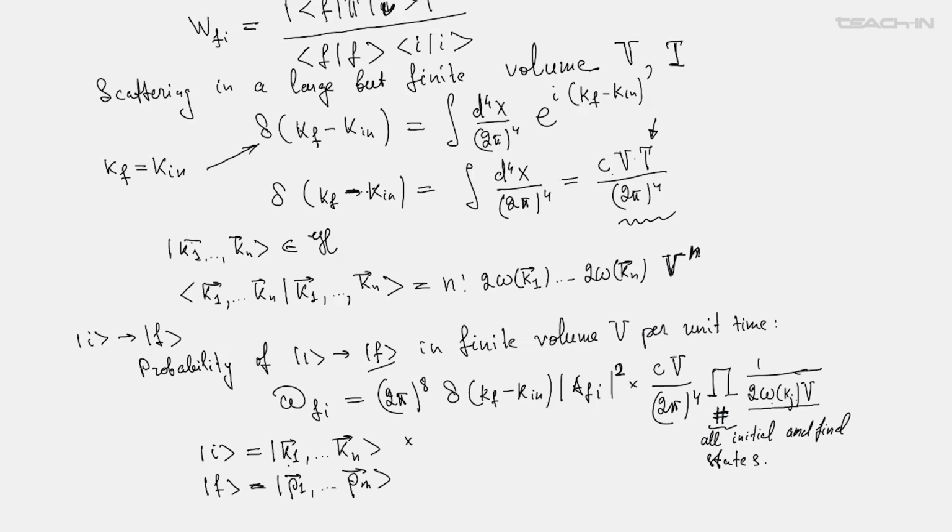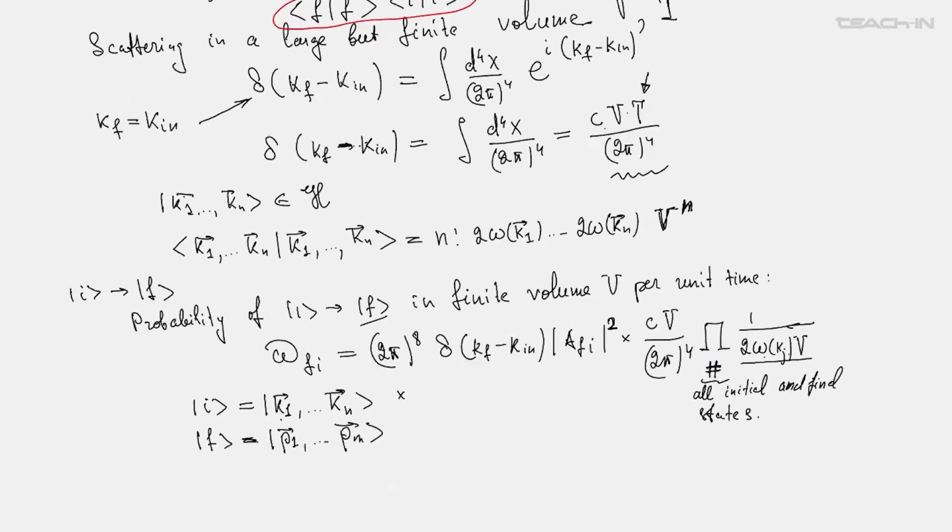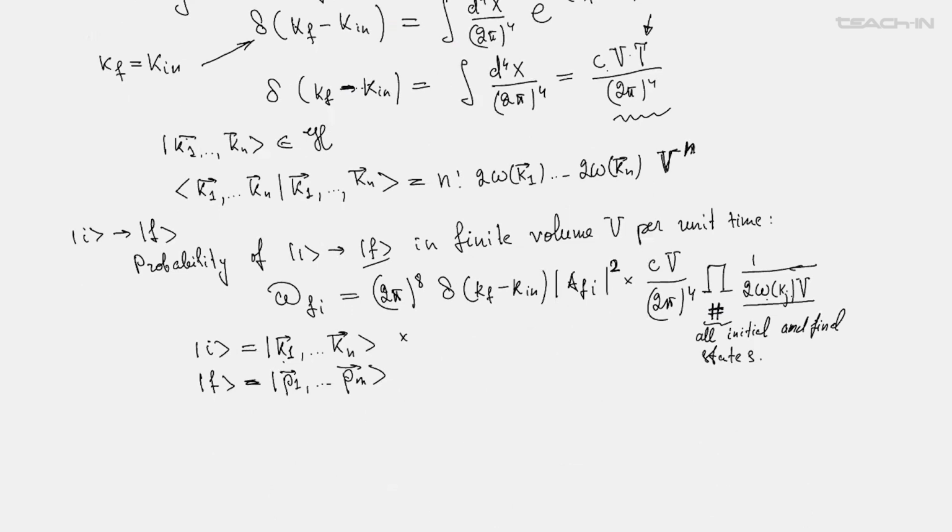And this factor arises from normalizations, from these two prefactors, N_f and N_i, and in the finite volume, these quantities are finite, and they are represented by the contribution of this factor here.